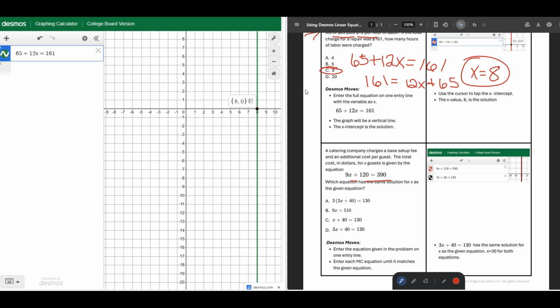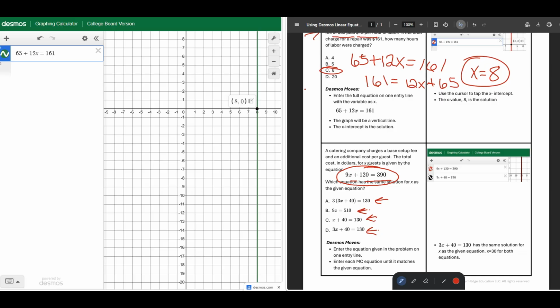Okay, but this time it wants to know which equation has the same solution for x as the given equation. So the way that you will want to handle this is that you will want to type your original equation into Desmos. Then you will want to type each one of your multiple choice selections to see which one gives you the exact same vertical line.